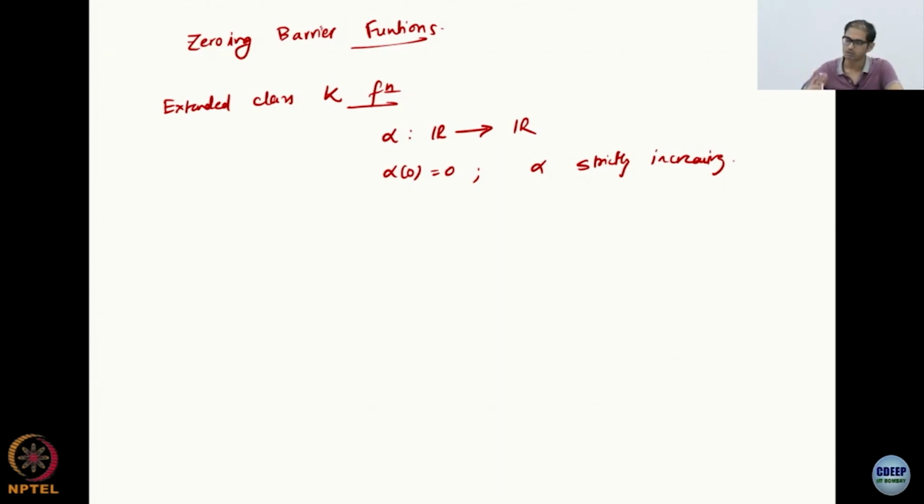Here the arguments don't have to be positive. That is the whole point, because once you start at 0, of course it is going to be positive for values of the argument greater than 0, but for values less than 0, no. That is the important thing.